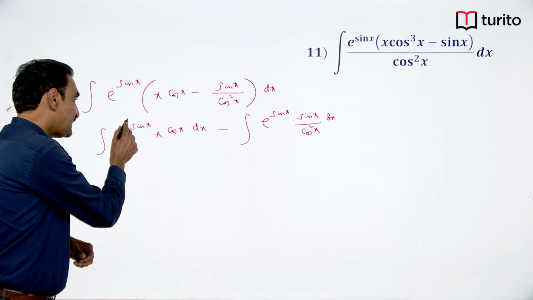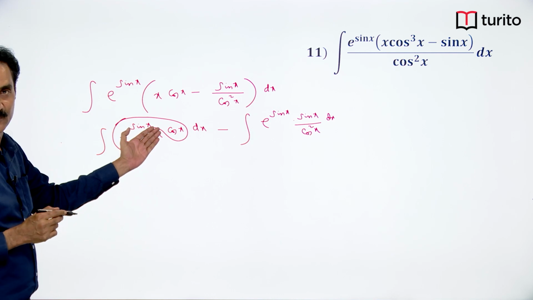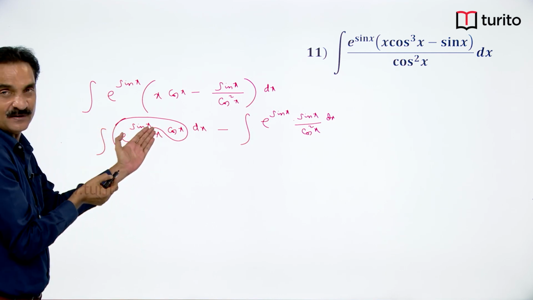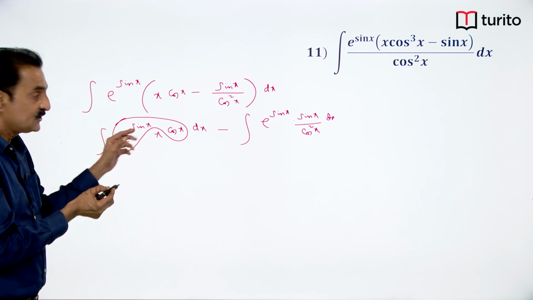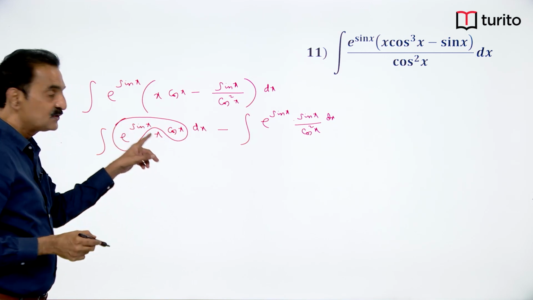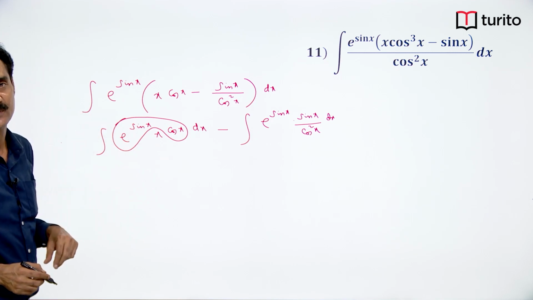So if you take e power sin x into cos x, if sin x is t, it is e power t into dt. What is its integral? E power sin x. So take that rounded part as second function and x as first function.